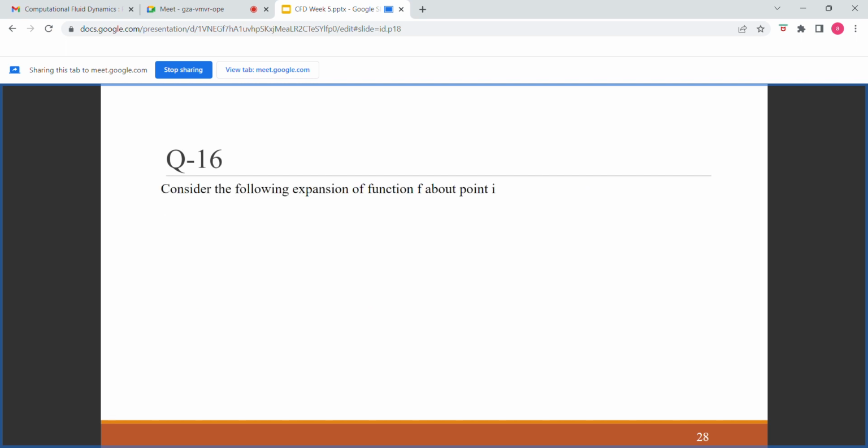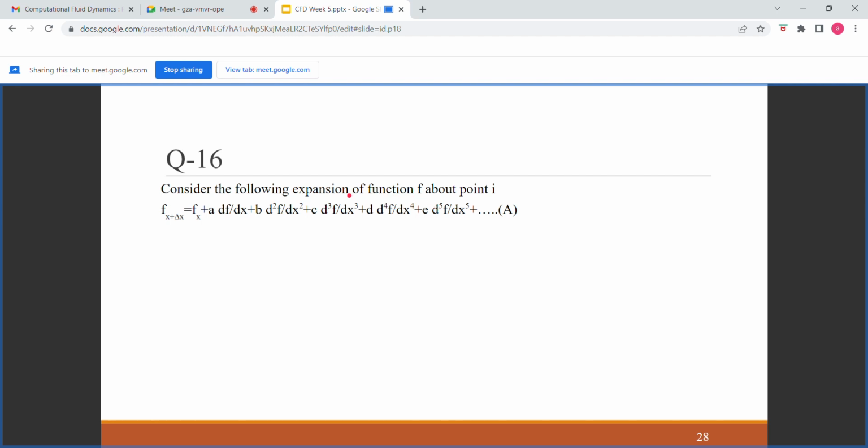Consider the following expansion of function f about point i. f of x plus delta x is equal to f of x plus a df by dx plus b d square f by dx square plus c d cube f by dx cube plus d d power 4 f by dx power 4 plus e d power 5 f by dx power 5.